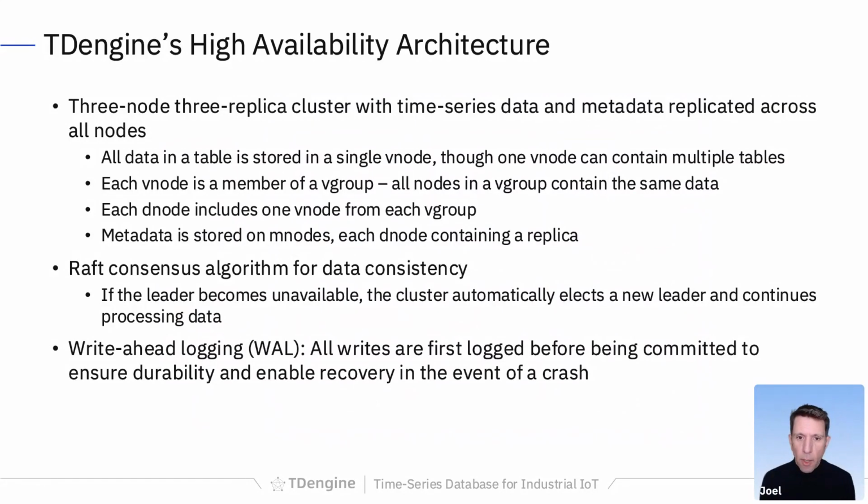In this demo, we're going to create a 3-node, 3-replica cluster with the time series data and metadata replicated across all 3 nodes. All the data is stored in each one of the high availability servers, including the metadata, which is stored on each M node, and each D node has all of the data.